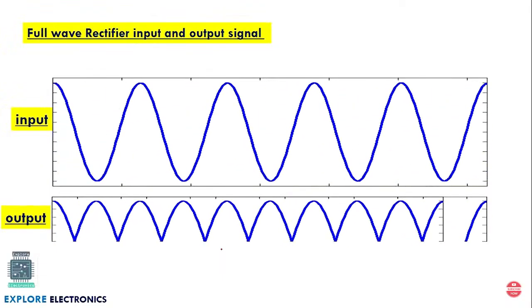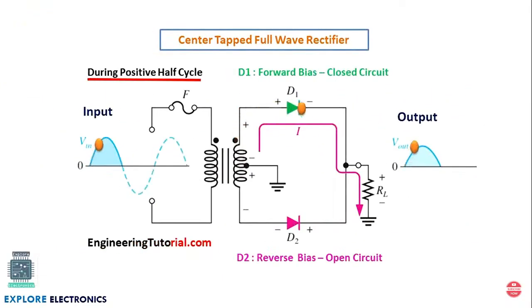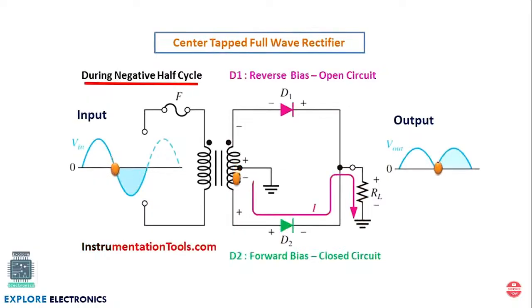Now let us understand how this center tapped full wave rectifier works. For a positive half cycle, the diode D1 conducts and D2 is off. When the positive half cycle of the input comes, D1 will allow the current to flow through RL and output will be generated like this. Similarly, let us understand the negative half cycle of the input. When the negative half cycle of the input is given, it will be treated as a positive voltage for D2 and D1 becomes reverse biased. That's why D1 will not conduct, only D2 conducts, and again the current flow through RL is in the same direction.